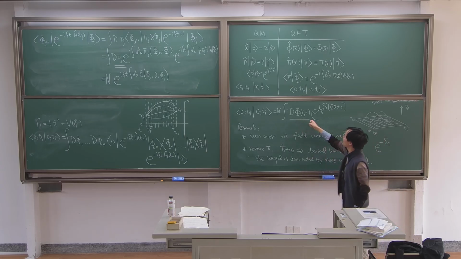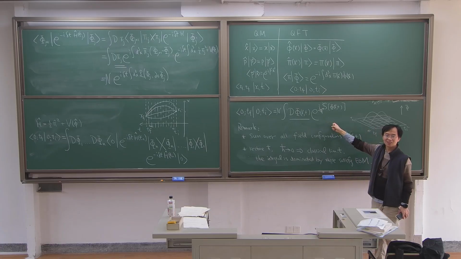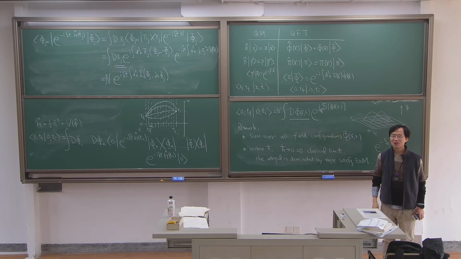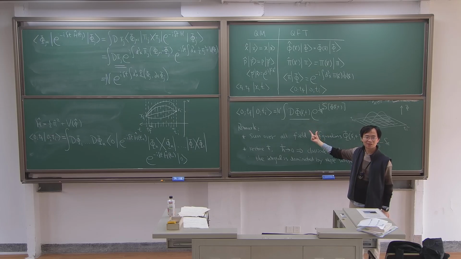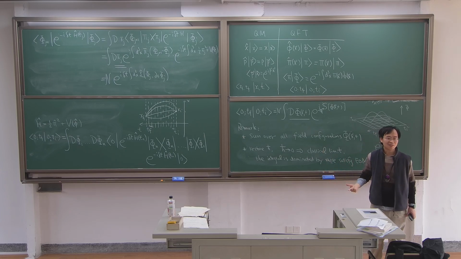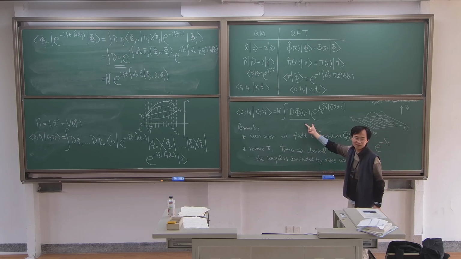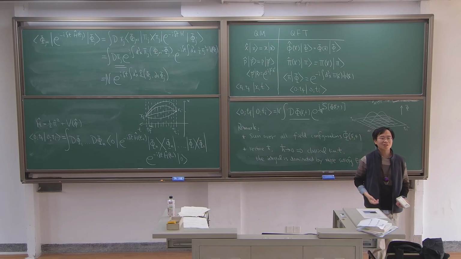But somehow on the right there's no state. The right hand side is just ordinary functions. There's no piece corresponding to some operator or state, because the definition of the path integral doesn't need any state or operators.